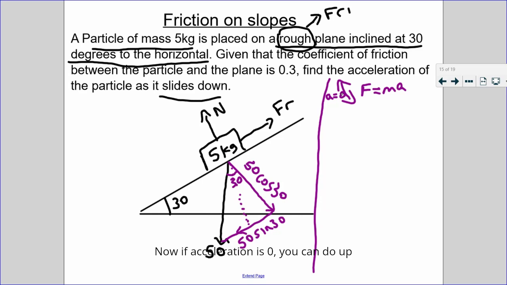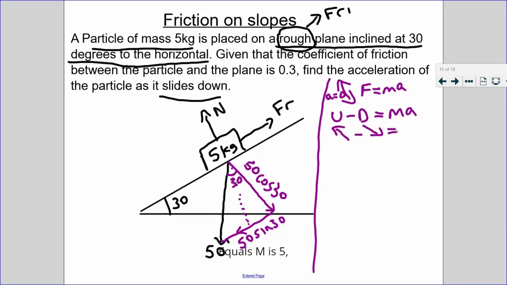A is going to be 0 because it's not moving in that direction. Now, if acceleration is 0, you can do up minus down or down minus up. It doesn't matter. So I will do up minus down equals ma. m is 5, acceleration is 0. Going up is your n, which we had here.